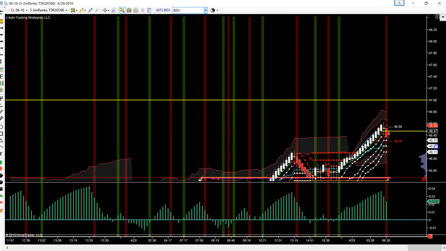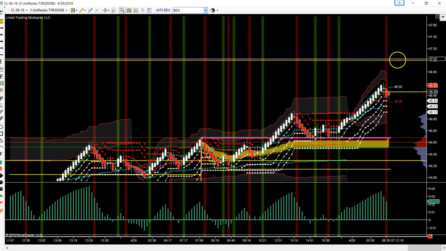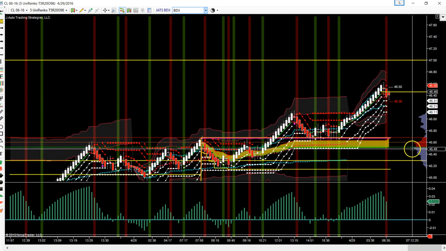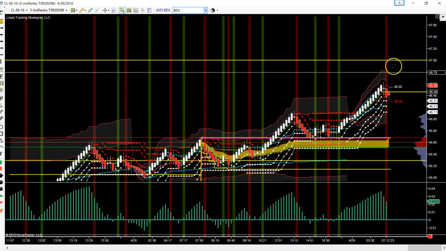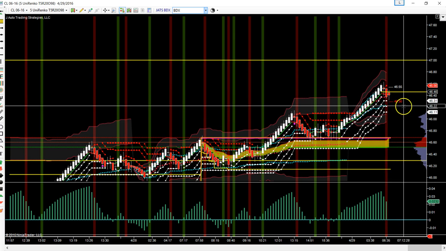So if I see a red, I see a pivot on one of these levels, I know that the trend is over and I'm expecting a deeper retracement. Otherwise, I'm just going to keep trading up to that 47, especially today.